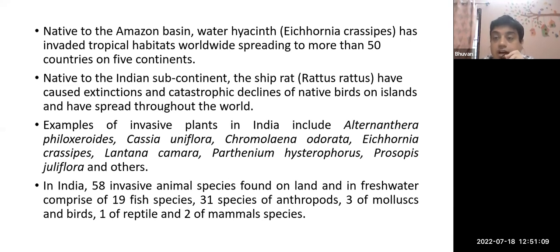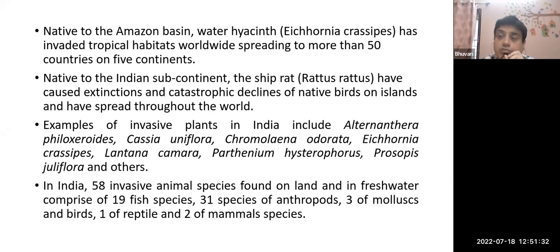For example, water hyacinth. It has been imported from Brazil because it is present in the Amazonian rainforest on the banks and the streams. And from there it has been imported, and now it is spread across almost 5 continents. In India also, it is very rampant, especially in polluted waters. You can see them in large numbers.